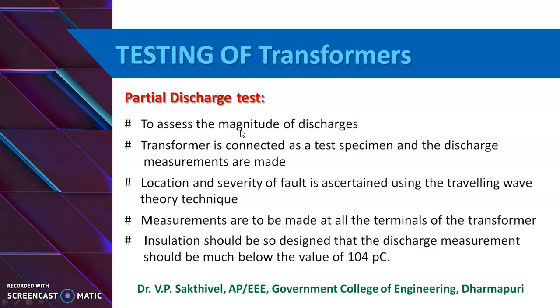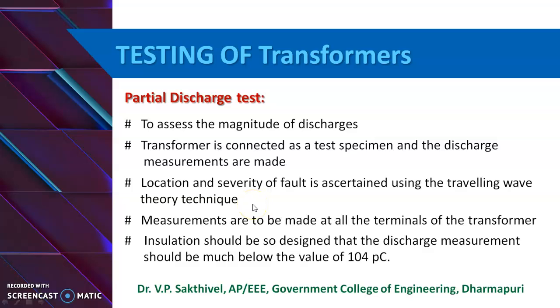Next one is partial discharge test. Partial discharge tests on the windings are done in order to assess the discharge magnitudes and radio interference level. In this test, a transformer is connected as a test piece and discharge measurements are made.